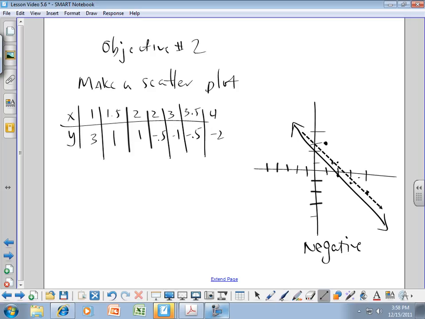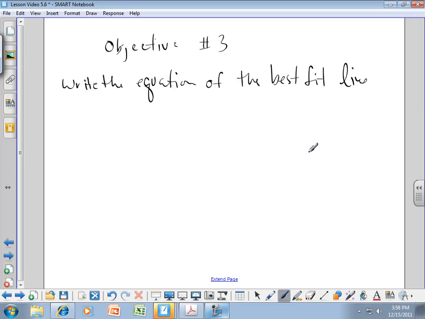And when I did it, I actually ended up hitting this point right here, kinda, and this point right here, kinda. And so what I'm going to do in objective number 3 is use those points. Let's see, this one was 1.5, 1. And this one was 4, negative 2. And I'm going to show you how to write the equation of a best fit line, because that's what objective number 3 is.